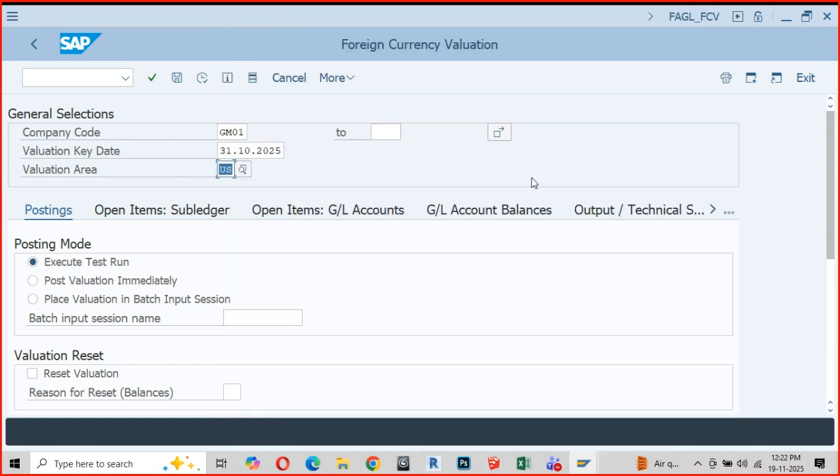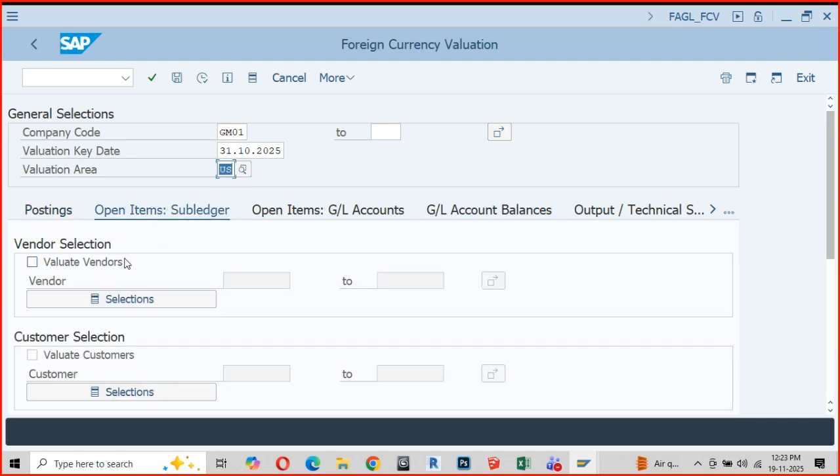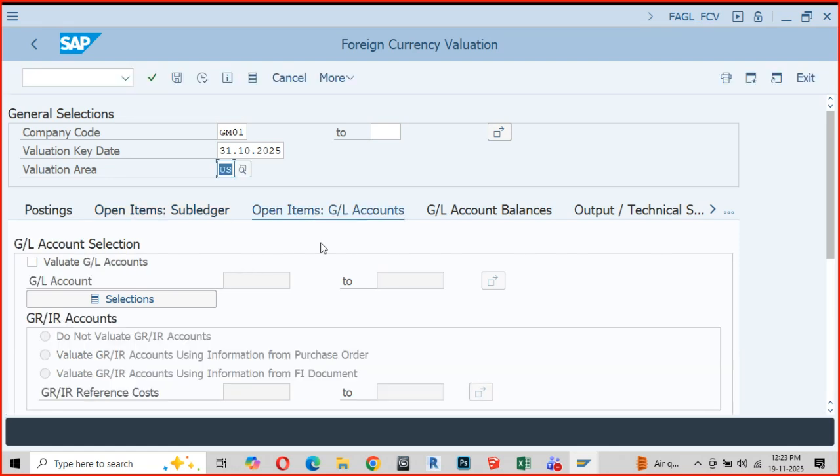See, you have some valuation area. So here, what I'm trying to tell you is whether you carry out your transactions with your customer or your vendor through a foreign currency. Clear? You can open a subledger, you can evaluate vendors and also evaluate customers. You can also go to the general ledger accounts.